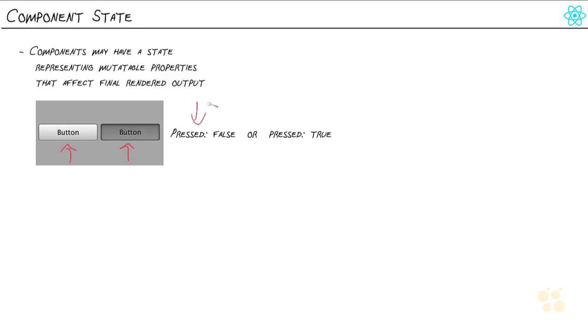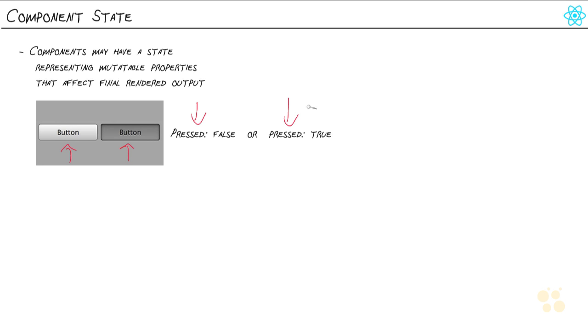It's either pressed false or pressed true. And it's important to understand that this state is being modified by the component itself. The button is recognizing whether or not it's pressed, and it's responding to the action of the mouse button clicking down on it, and it's changing the way it renders because of that.